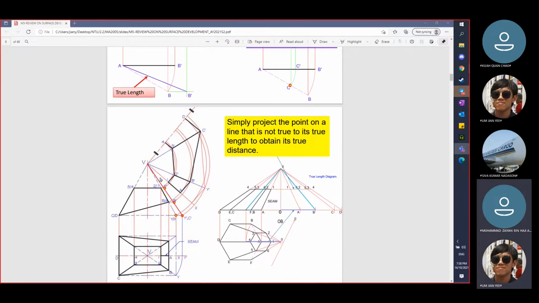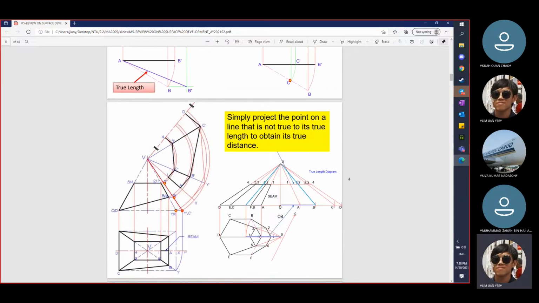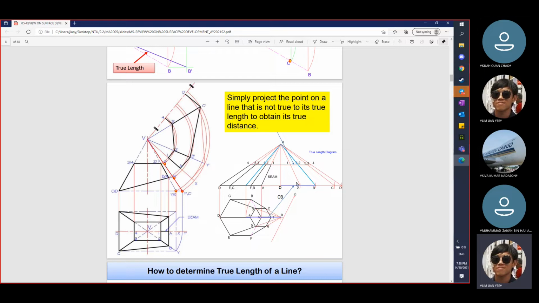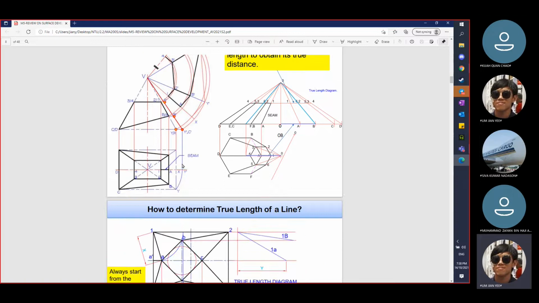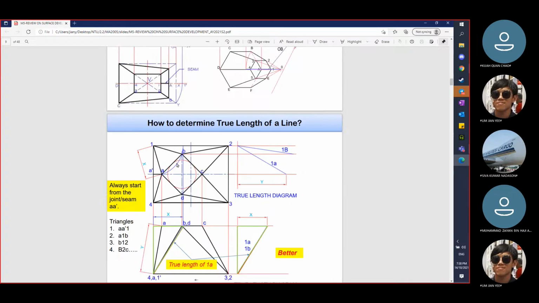For example, I know you're doing your M3 now, so you'll probably refer to this in the future. Project a point that is not true to its true length to obtain its true distance. So what does that mean?